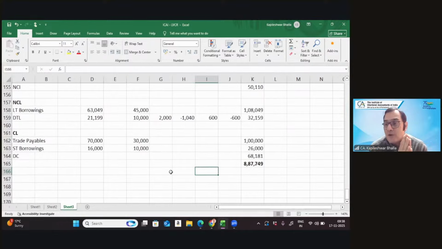So that was a comprehensive question in terms of the inputs on a consolidated balance sheet, blending all the standards. I think it takes care of Ind AS 103, it takes care of 110, it takes care of Ind AS 28, Ind AS 12, Ind AS 21, Ind AS 109. Beautiful. I hope once you do this question by hand, you are going to feel very comfortable indeed. 25 out of 25.